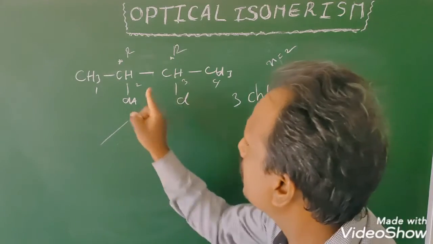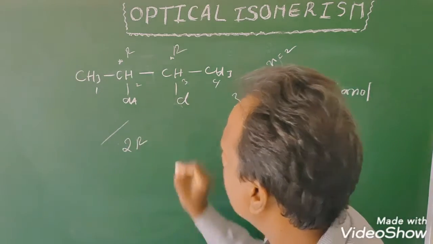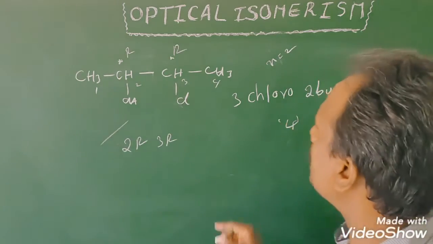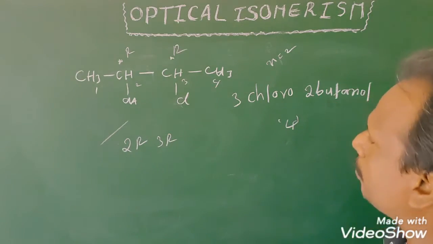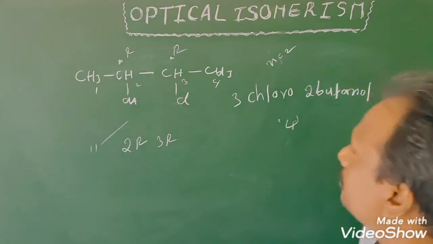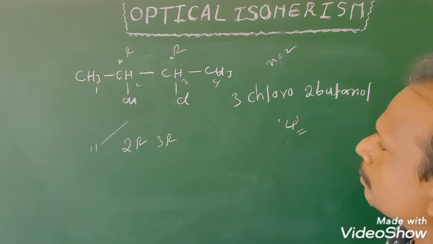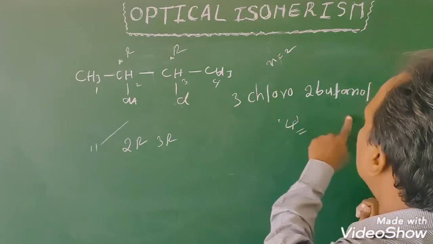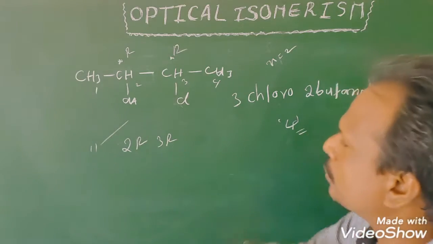In one isomer, the second carbon chirality is R and the third carbon also has chirality R. 2R, 3R, 3-chloro-2-butanol. This is the name of one isomer. Total isomers 4. Write the names of those isomers. 2R, 3R, 3-chloro-2-butanol is the name of one isomer.